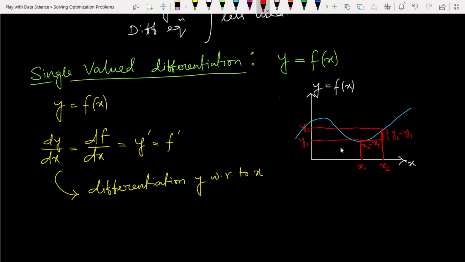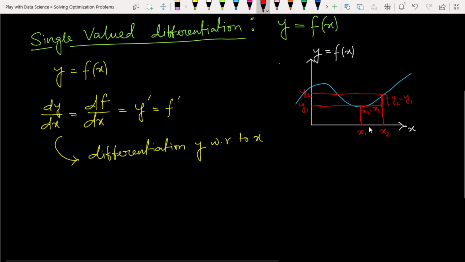Simple. If we call the changes of our independent variable as well as dependent variable by using the notation delta, del simply, so the change of the dependent variable with respect to the independent variable will be y2 minus y1 divided by delta x.